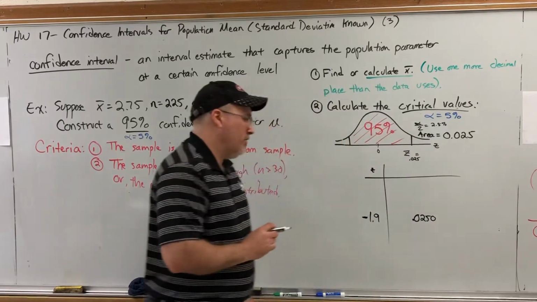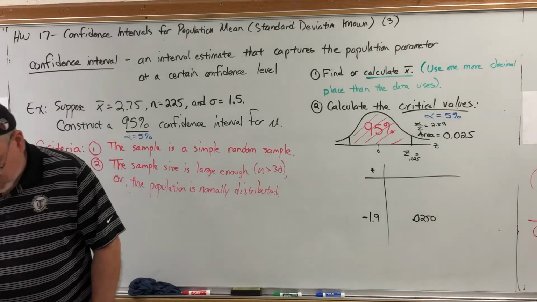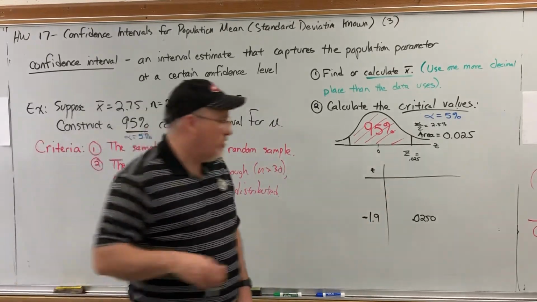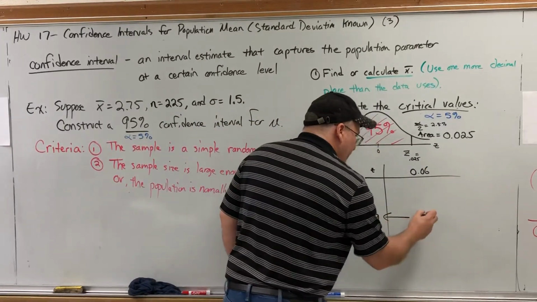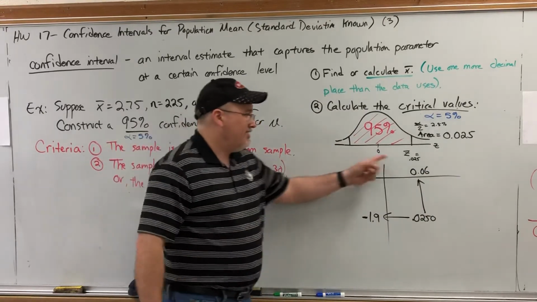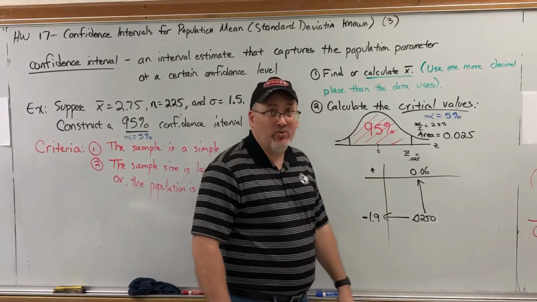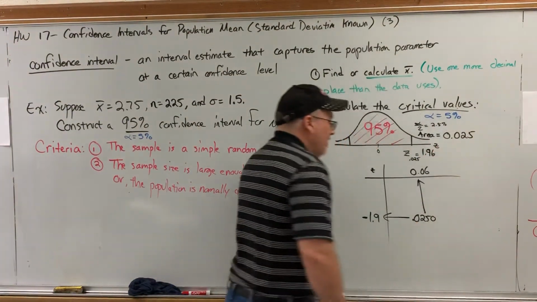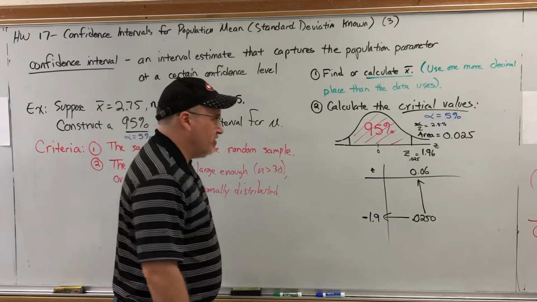Remember, the areas have 4 decimal places, hence the extra 0. If you go in the negative 1.9 row, you will see this area, and it will be in the 0.06 column. So you find the area or the number closest to it, and then you go to the edges to locate the z. Now, this z can't be negative 1.96 because it's to the right. So it's positive 1.96. That is the z that cuts off the right tail when the middle is 95%.